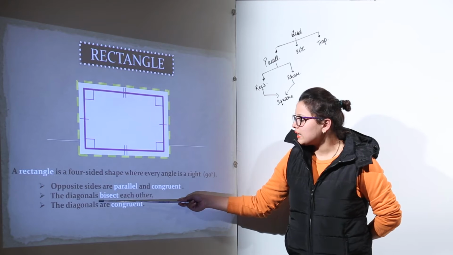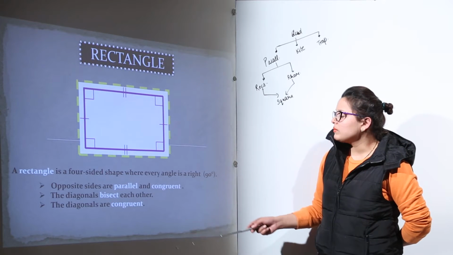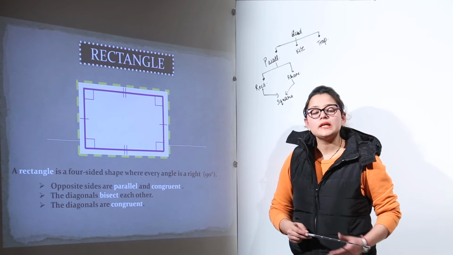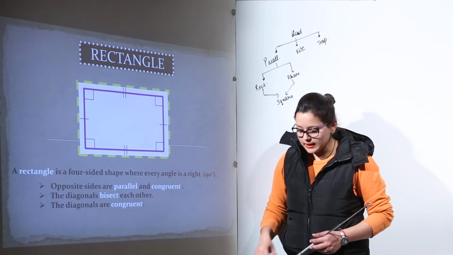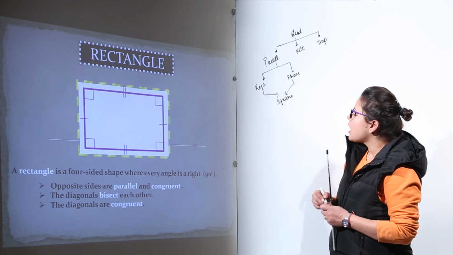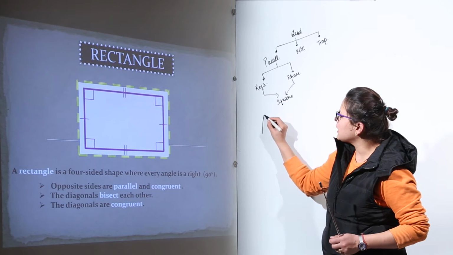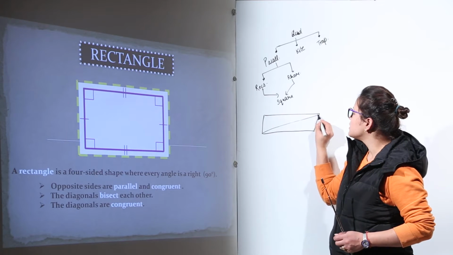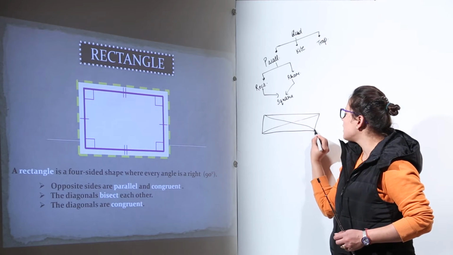Also we can see that diagonals of a rectangle will bisect each other and they will be congruent. By congruent diagonals we mean that the diagonals will be equal to each other. How come? If we draw a rectangle, I am going to draw the diagonals for the same. Say this is one diagonal and this is the other diagonal.